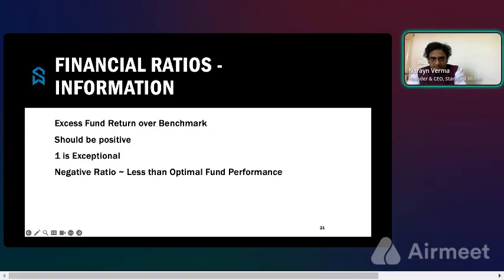Whether the fund is actively managed or passively managed, you want a positive difference between your fund returns and benchmark returns. Obviously, it should be positive. A negative ratio is negative marking, less than optimal fund performance. But what you're looking at is something between 0 and 1.